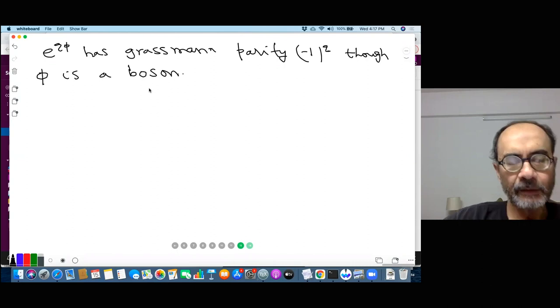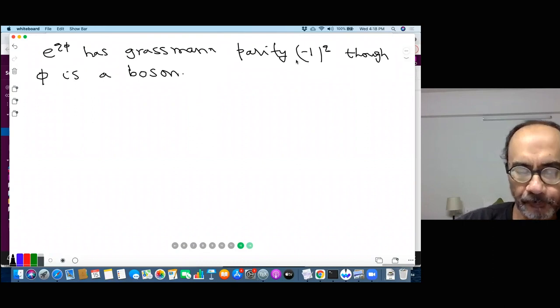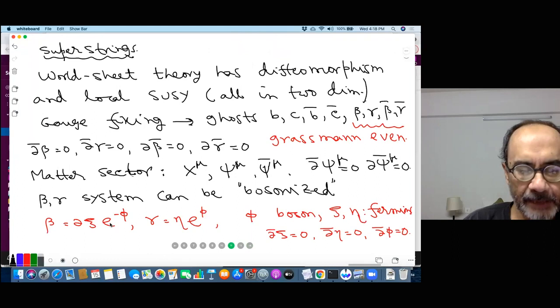We are more or less familiar with this from the old papers in the 70s by Coleman and others on bosonization: even if you start with a boson, the exponential of the bosonic field can sometimes act as a fermion. So e to the q phi has Grassmann parity minus 1 to the q, and e to the phi and e to the minus phi are both Grassmann odd. And that's the way beta and gamma become Grassmann even.